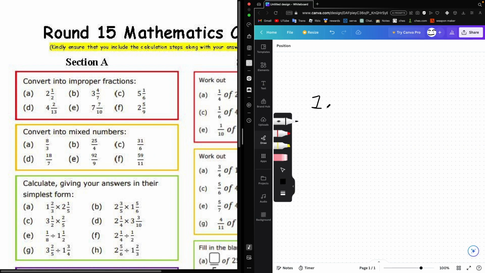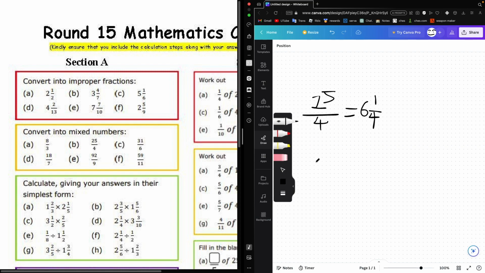So B, 25/4. Same thing, 25 divided by 4, which equals 6, because 4 times 6 equals 24. So we take 25 minus 24, we get 1, and we get 1/4.